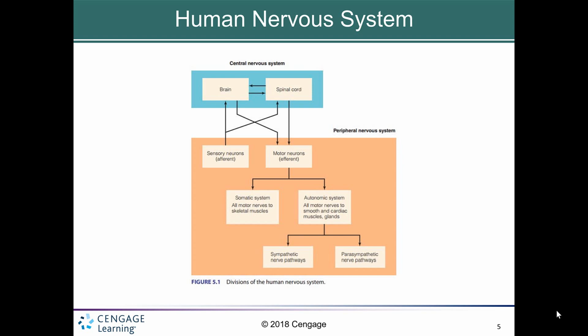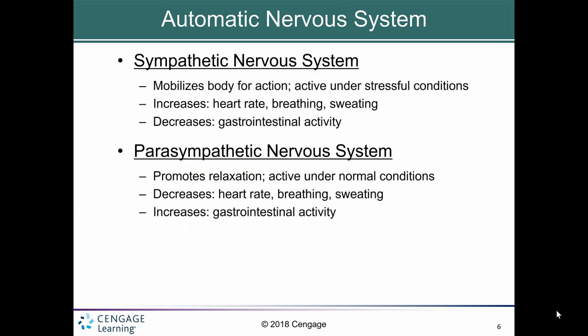The nervous system is divided into the central nervous system and the peripheral nervous system. The central nervous system consists of the brain and the spinal cord, whereas all the other neurons in the body are in the peripheral division. The peripheral nervous system is also divided into two divisions: the somatic nervous system, which primarily serves the skin and the voluntary muscles in the body.